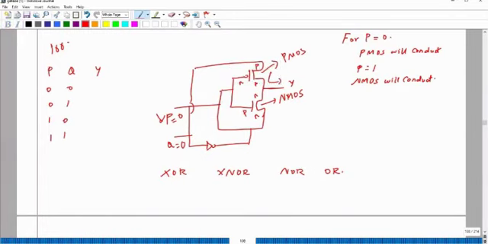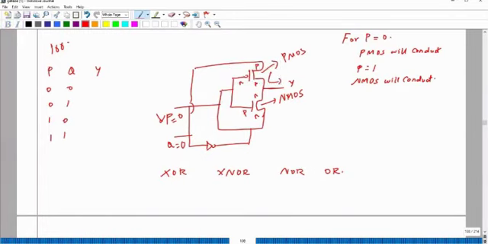So here in the circuit diagram you have only one transistor and one capacitor. Okay, so this capacitor often will leak the charges.